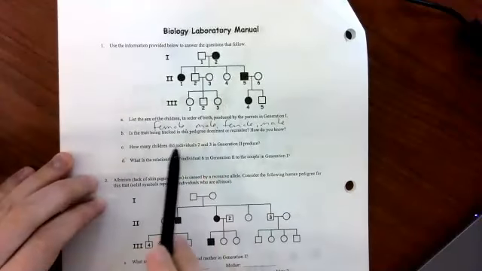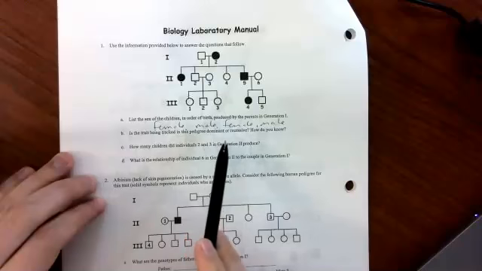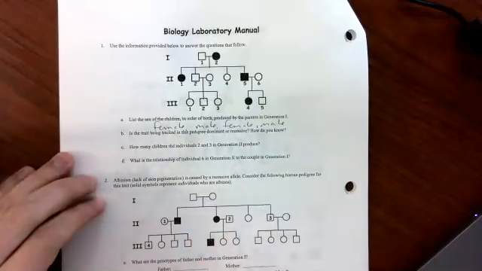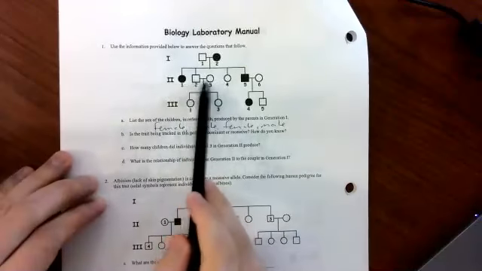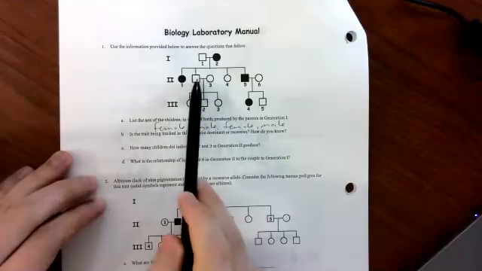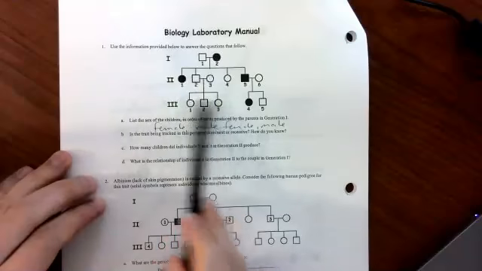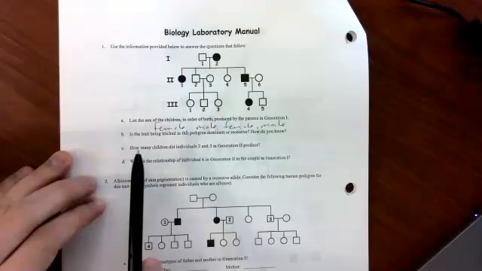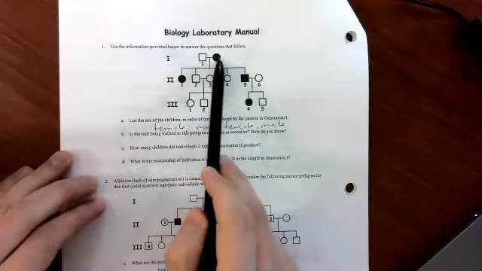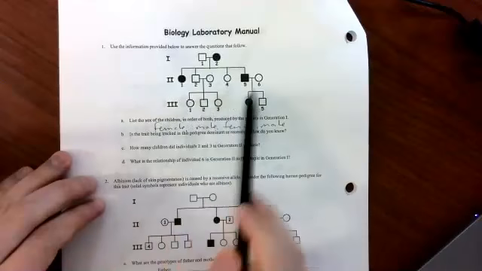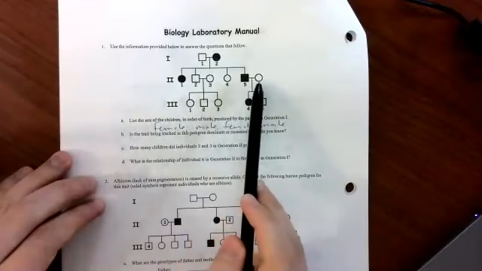Is the trait tracked in this pedigree dominant or recessive? How do you know? So let's use my trick. Here I have 2 parents that are the same, but all the kids are the same, so that's not helpful. Here I have a man who doesn't have it, a woman who does, and I have both. Here I have a man that has it, a woman that doesn't.